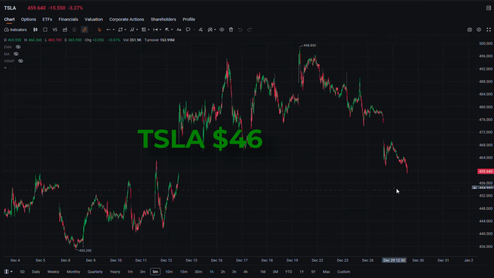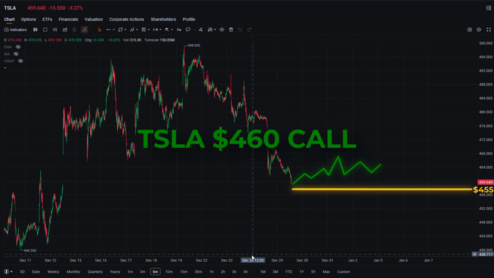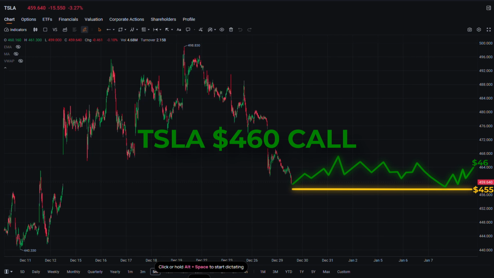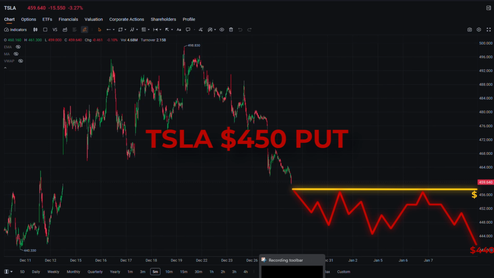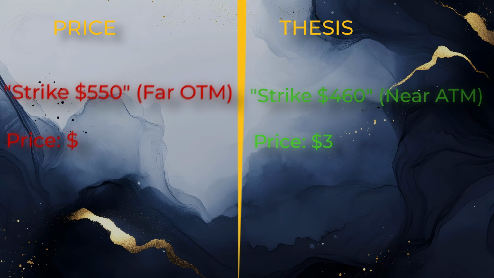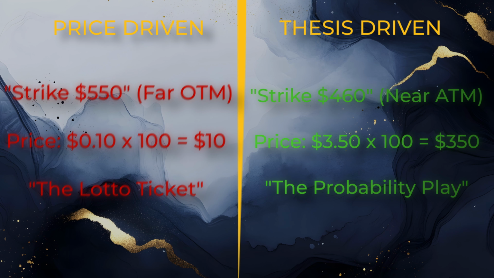If you think Tesla is going from 455 to 465 in 2 weeks, buy the 460 call. If you think it's going to crash to 440, buy the 450 put. Your strike price should always match your thesis, not the cheapest price on the screen.